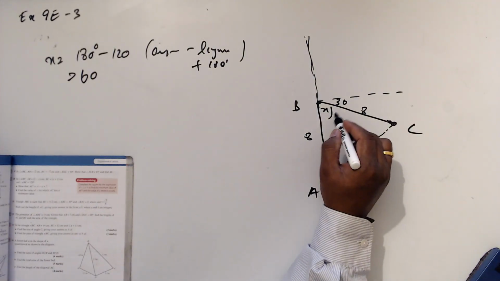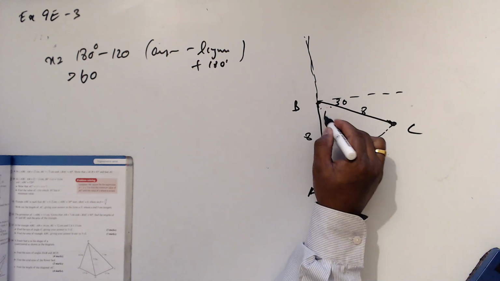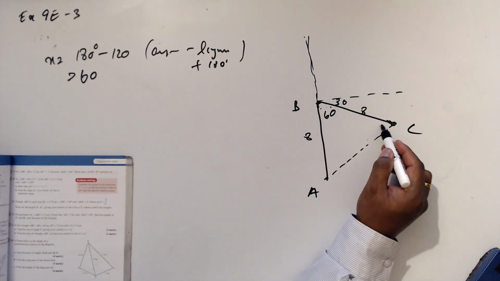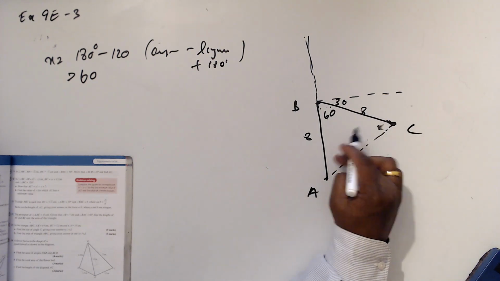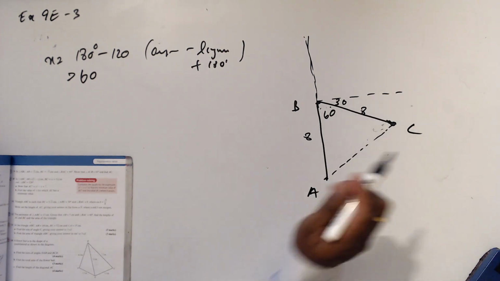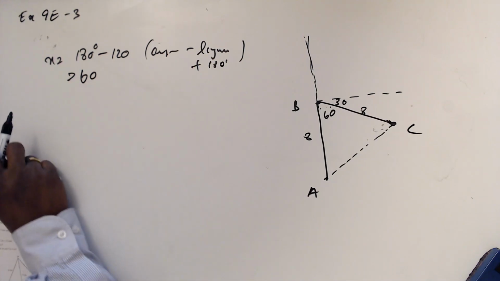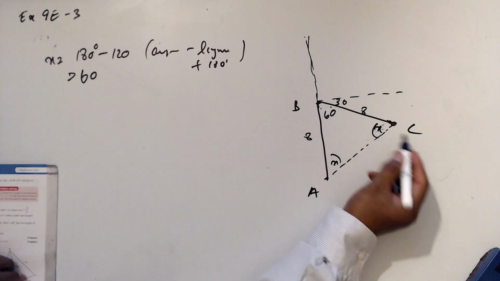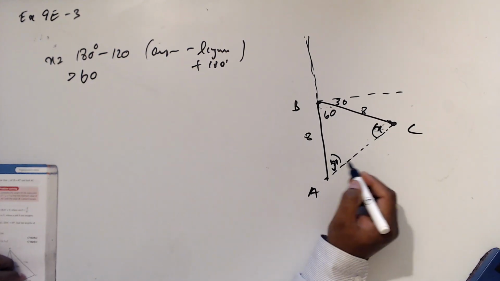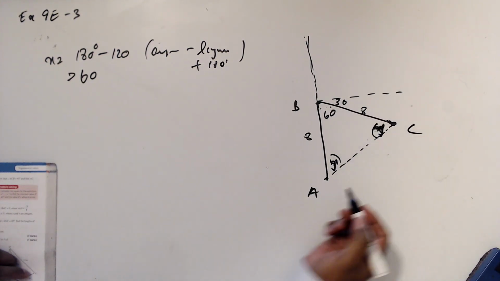So if this is 60 now, these are equal, this angle and this angle. Then 180 minus 60. Okay, I'll take this as x and x. Already I took x, so this is y and y.